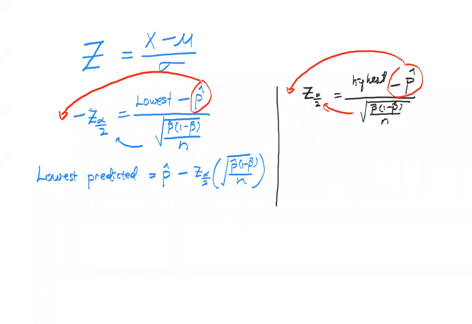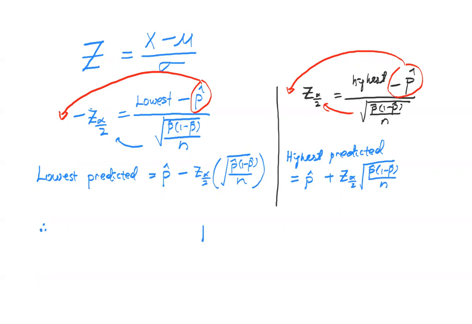So your highest predicted is equal to P hat plus Z alpha over 2 square root of P hat 1 minus P hat over N.